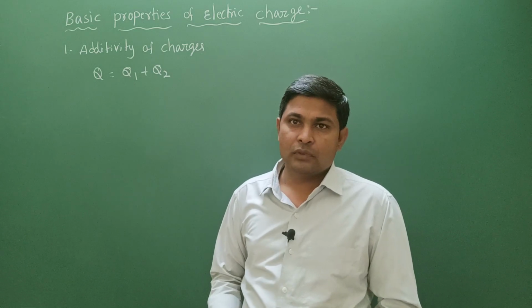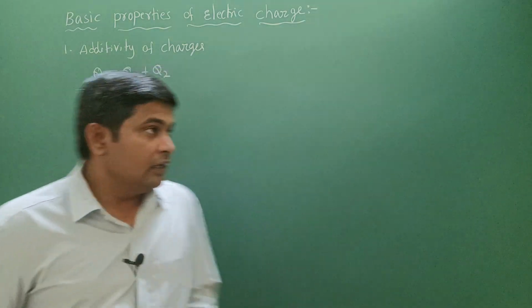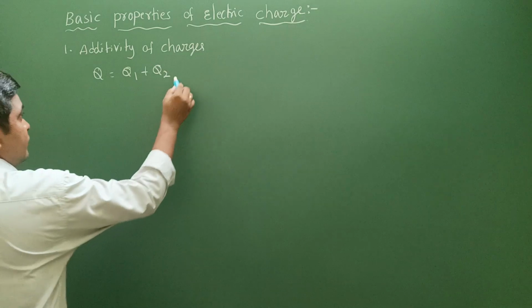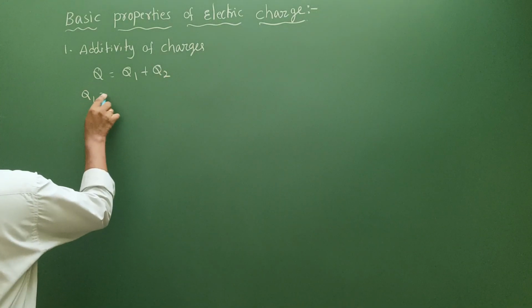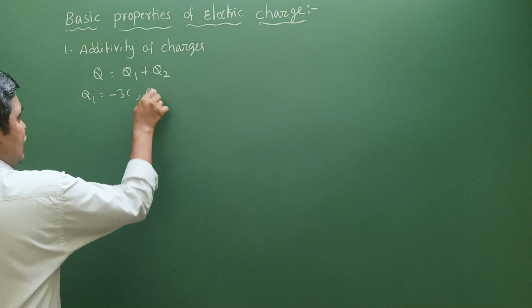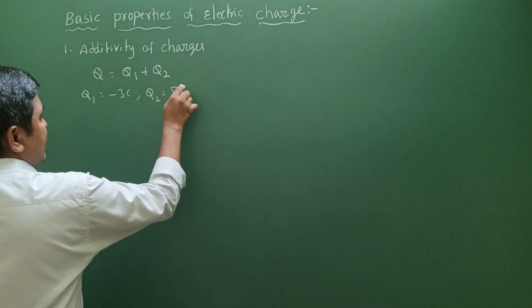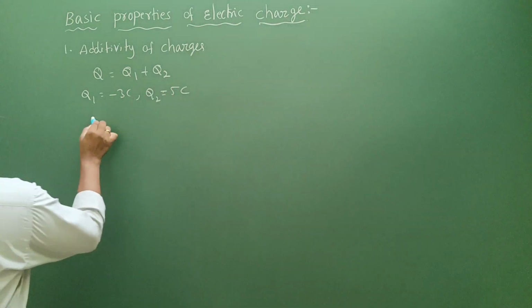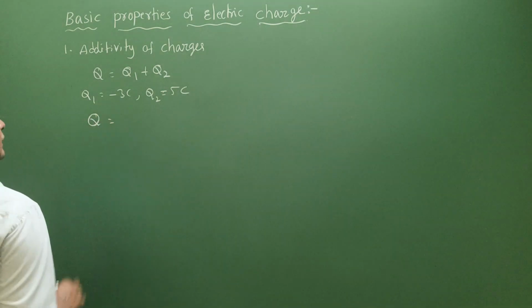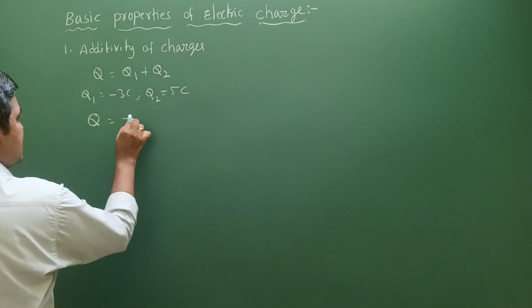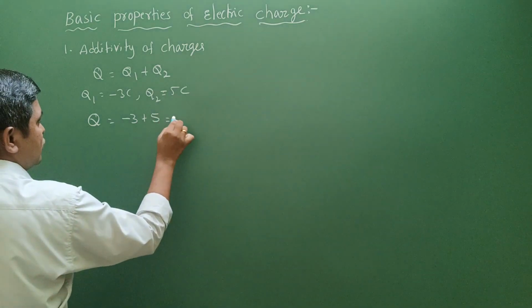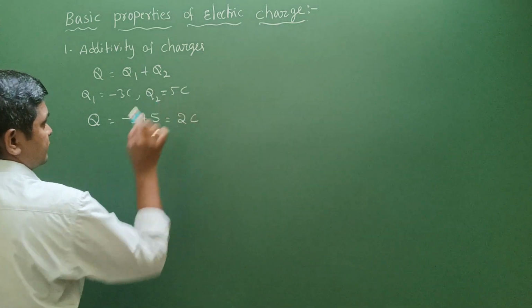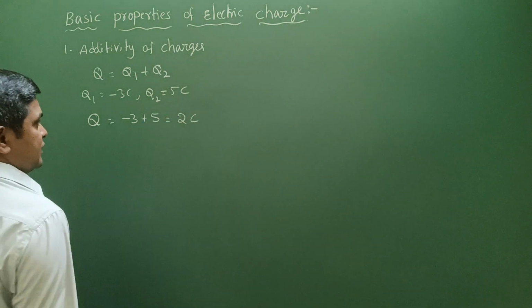Suppose Q1 equals minus 3 coulomb and Q2 equals 5 coulomb. What is going to be the total charge? Simply add them: minus 3 plus 5 is 2 coulomb of charge.